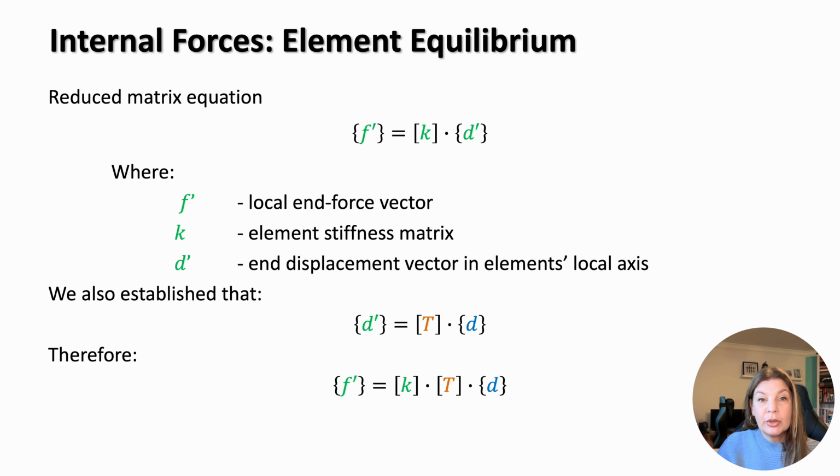From previous lectures, we also established that local displacements can be obtained from the global displacements that we found using the transformation matrix T, so that D tag equals T times D. By substituting this into the first equation, we get the relationship F tag equals K times T times D. This expression directly links the global displacement vector to the local internal forces in each member, showing how the stiffness method allows us to recover member-level results from the overall structural solution.